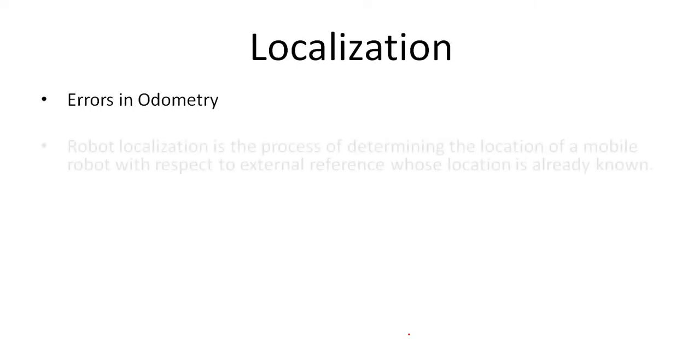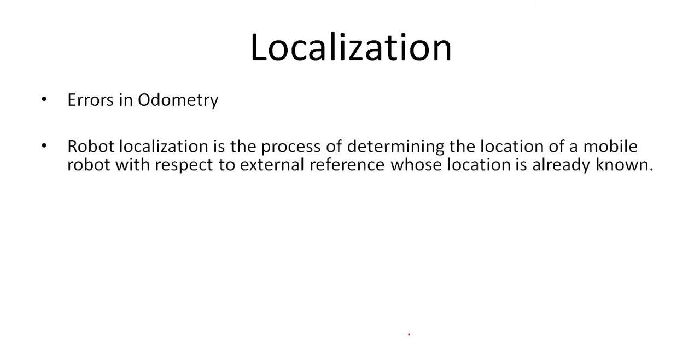So let's first see what localization is. Robot localization is a process of determining the location of a mobile robot with respect to an external reference whose location is already known. So in localization, we try to find the location of the robot using an object in the environment whose position is already accurately known.